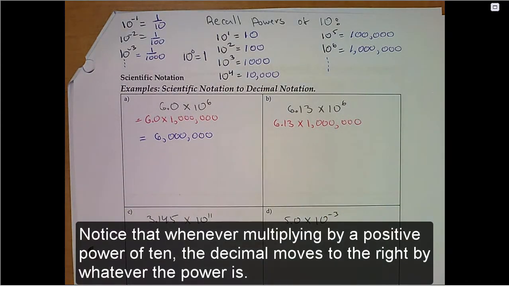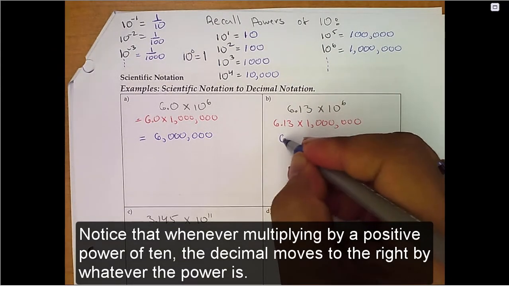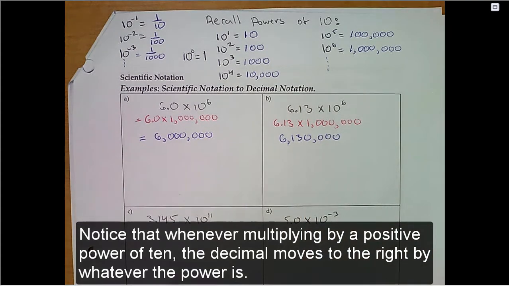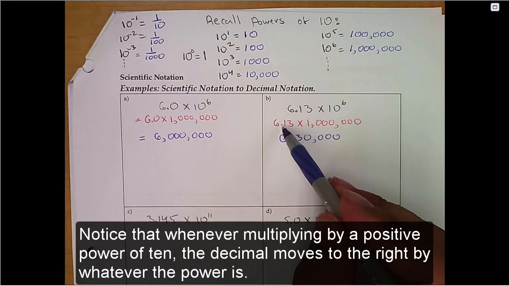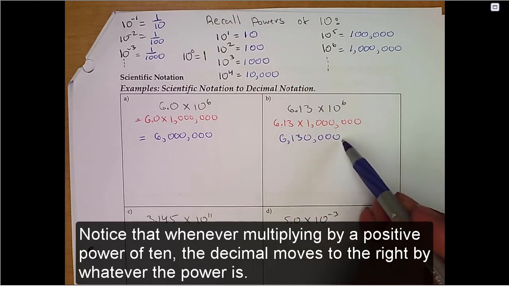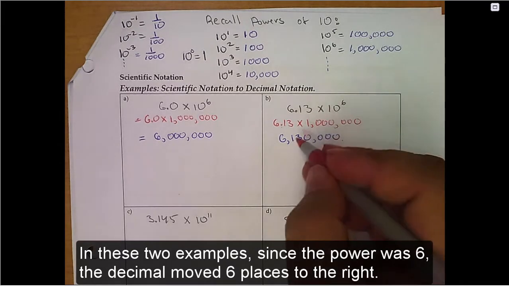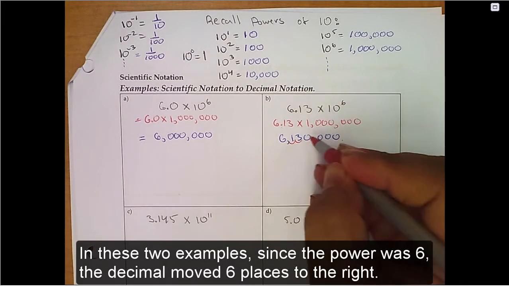Notice that whenever multiplying by a positive power of 10, the decimal moves to the right by whatever the power is. In these two examples, since the power was 6, the decimal moved 6 places to the right.